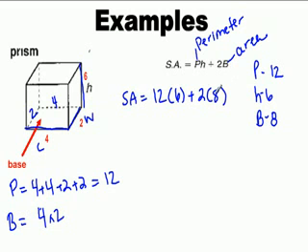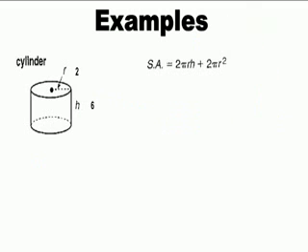On your calculator, you just plug in 12 times 6 plus 2 times 8, and you should get 88. Now again, we don't have any units, so I'm just going to put units, and surface area is squared. Instead of cubed, volume is cubed, surface area is squared.